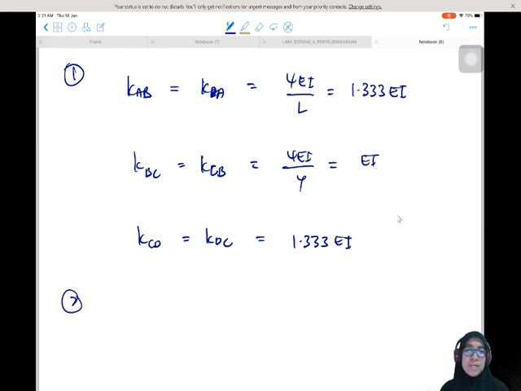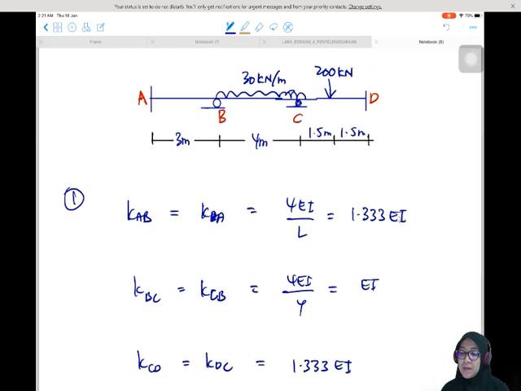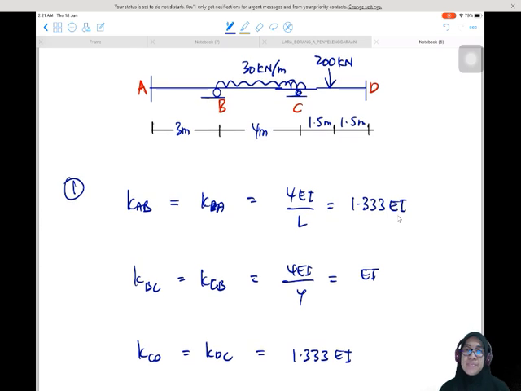Remember that distribution factor is equal to member stiffness factor divided by joint stiffness factor. How many distribution factors are in this beam? The number of distribution factors for the beam will be equal to the number of member end moments in the system.